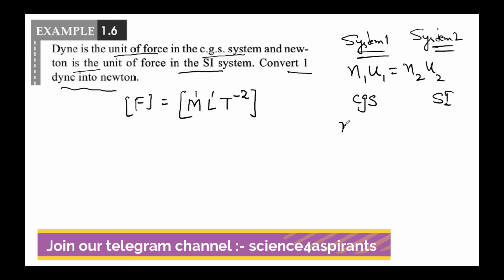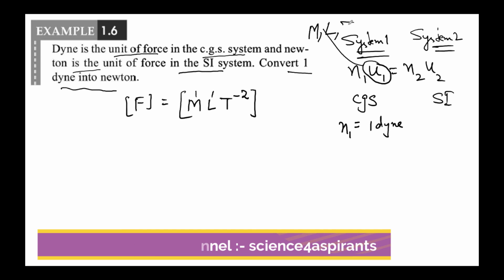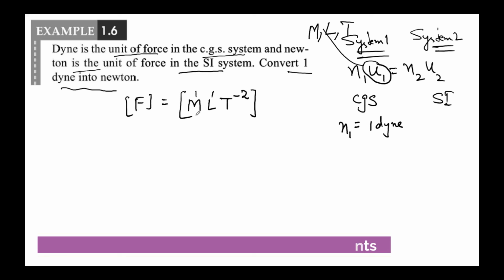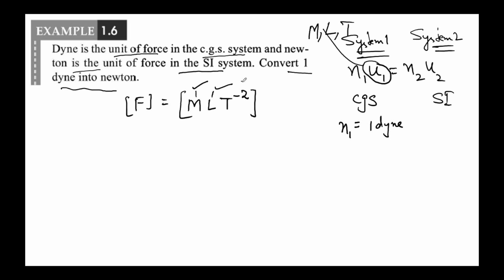Here n1 is equal to 1 dyne, it is given, and the unit u depends upon these three parameters M, L and T, and force depends upon all these three parameters. So mass in CGS system is grams, length in CGS system is centimeter, and time in CGS system is second.